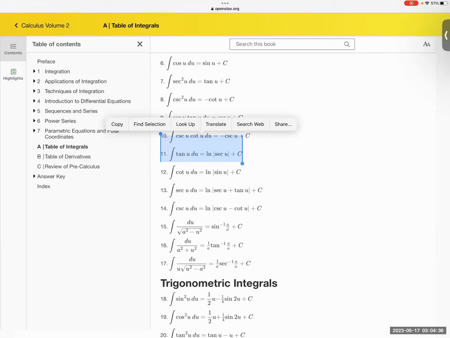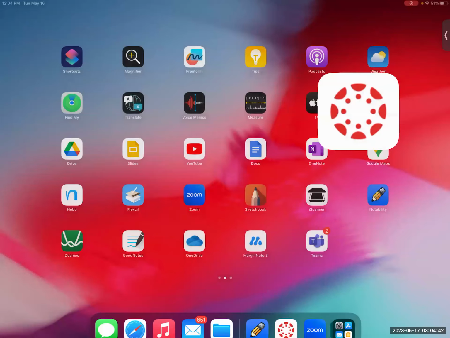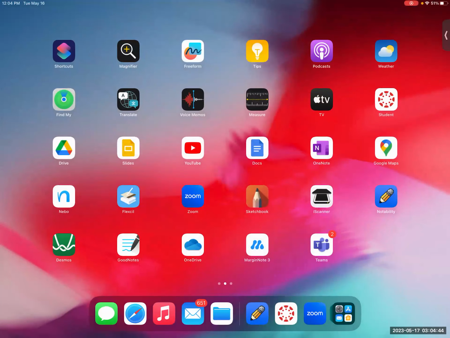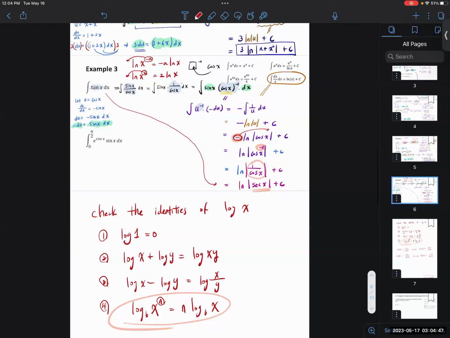If you take the integral of the tangent function, we just proved that it is ln absolute value secant x, which we proved by using the technique of u-substitution and the exponential rule. Does it make sense to you? Yes, it is a very popular question.